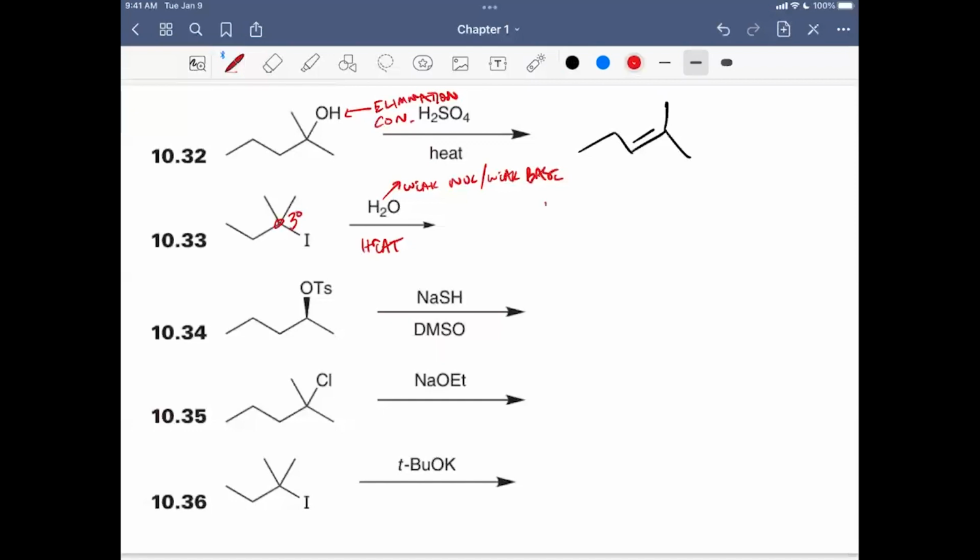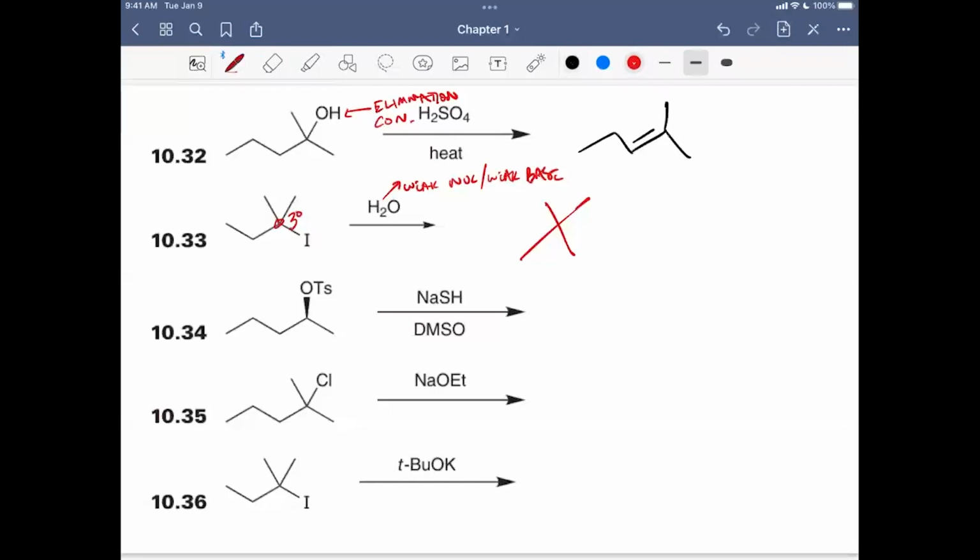So you actually cannot do synthesis. I don't know if this problem forgot to add heat, but this would only work at high temperatures. So without that heat added, you cannot do synthesis for that problem. And that's only because it's a weak nucleophile, weak base, and it's tertiary, so that it needs those high temperatures in order to convert into a product.